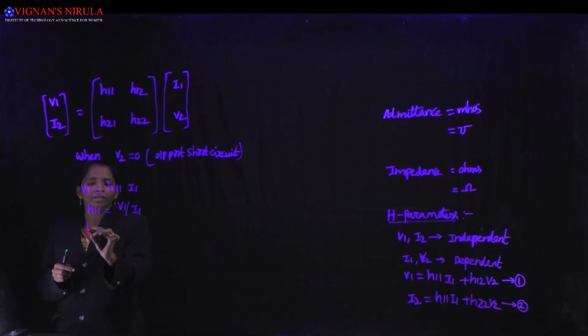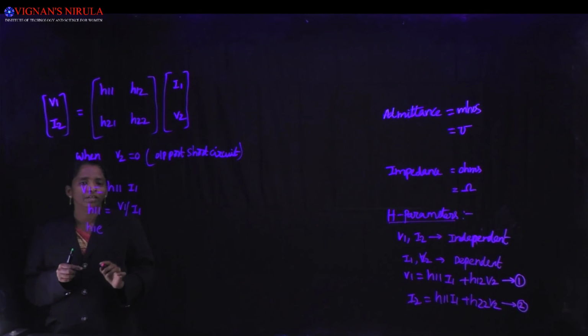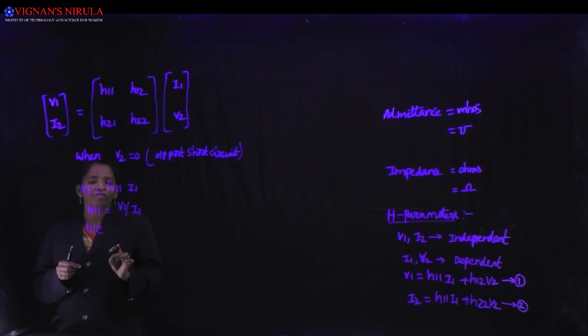So it is HIE if you consider this for the common emitter configuration. Or if you consider this for the common base configuration, it can be written as HIB. If you consider it for the common collector, it can be written as HIC. Now here I am considering common emitter configuration.